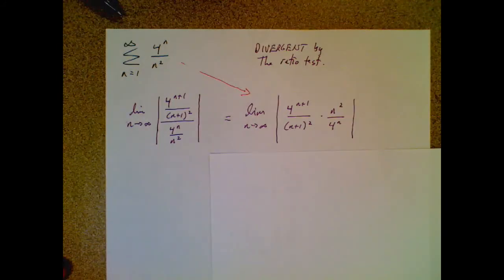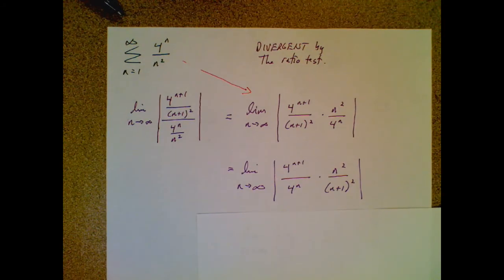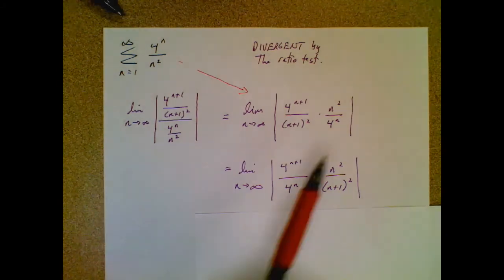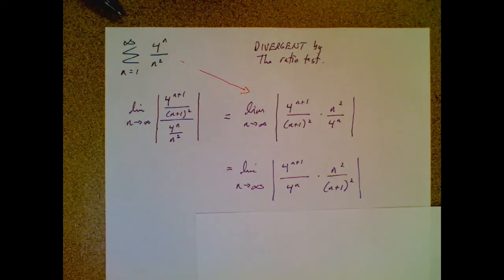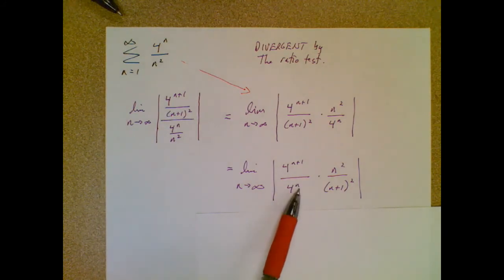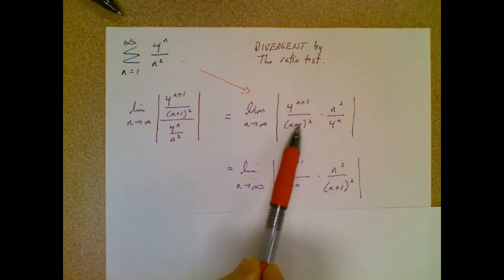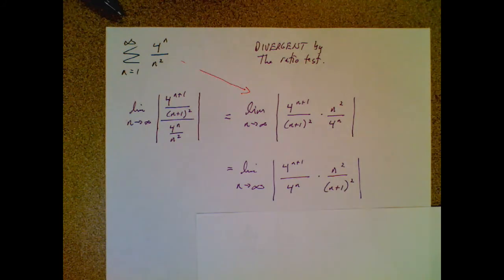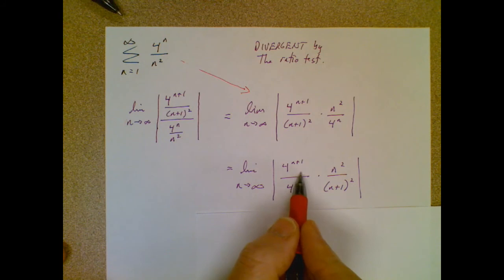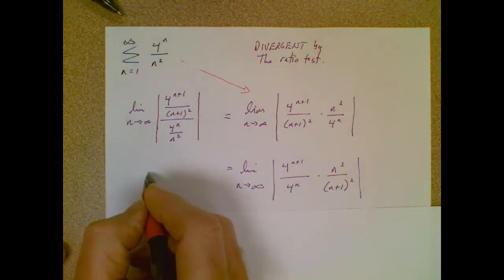From this eyeball adjustment, I'll go forward and do one more eyeball adjustment. This term and this term, they're really easy to compare to each other in a limit. So I'm just going to rearrange so they're comparing to each other. And these two are going to be easy to compare in a limit. Now here's why I did that. If I think about this, that's kind of like this old algebra thing.